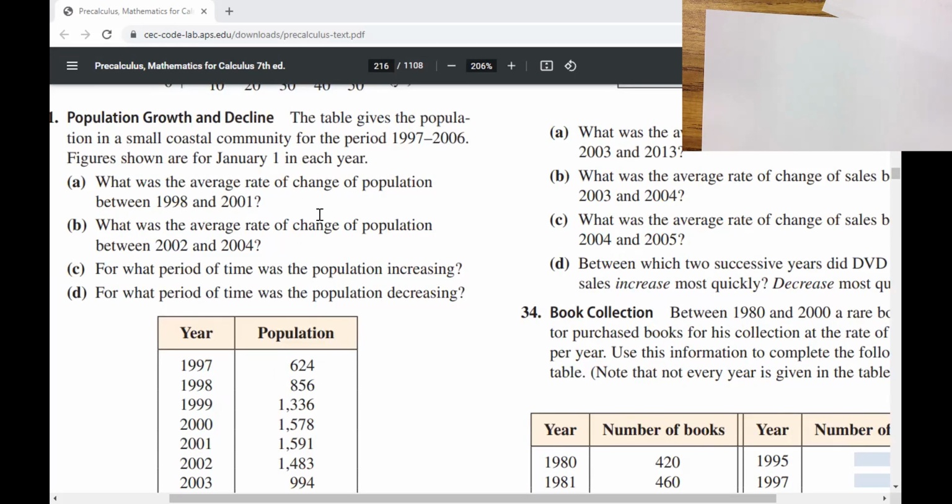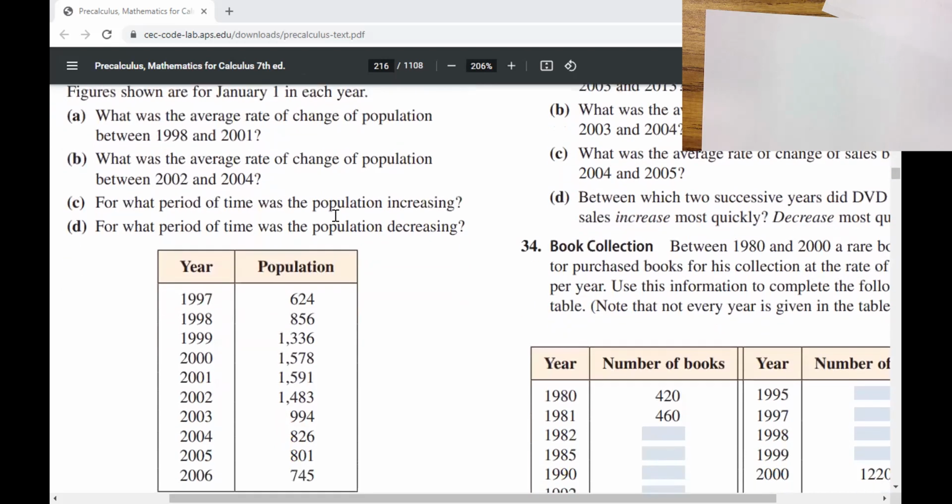Figures shown are from January 1st of each year. So that's the table. Part A, what was the average rate of change of the population between 1998 and 2001? So this table here, it breaks it down for you, right? In terms of year to population, correct?